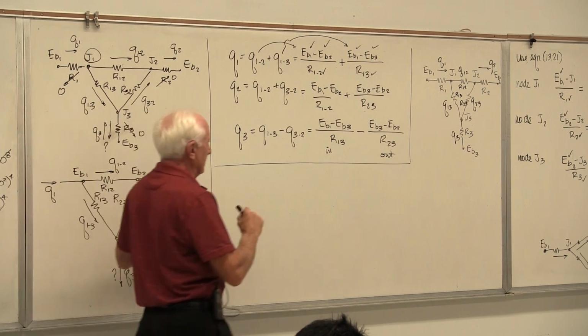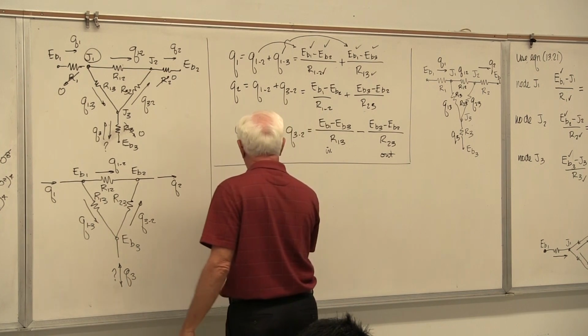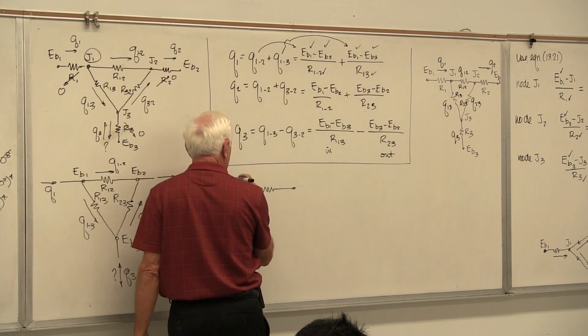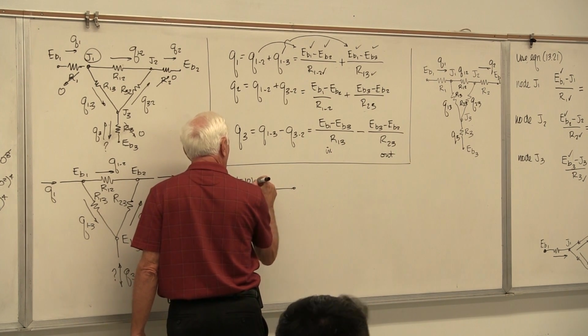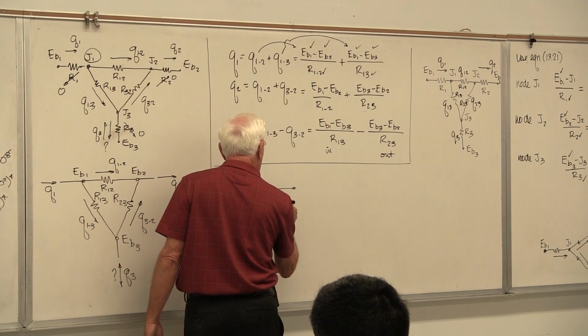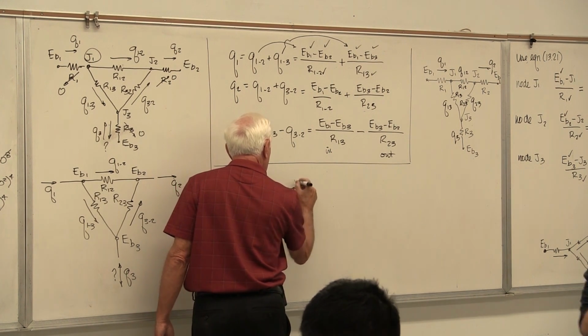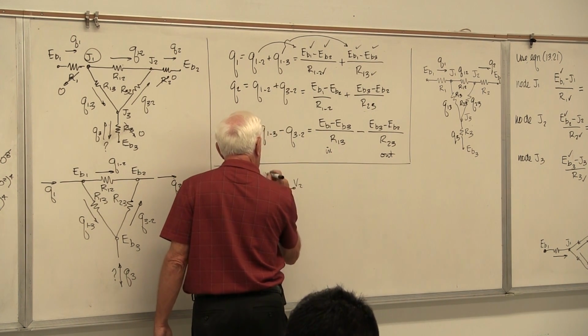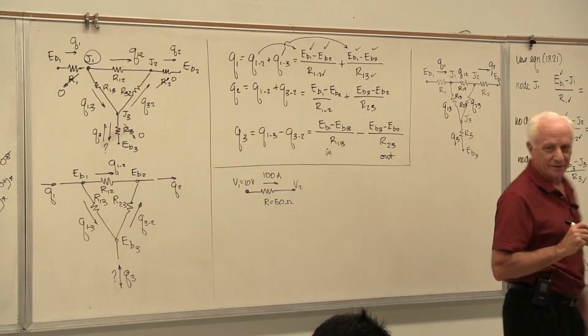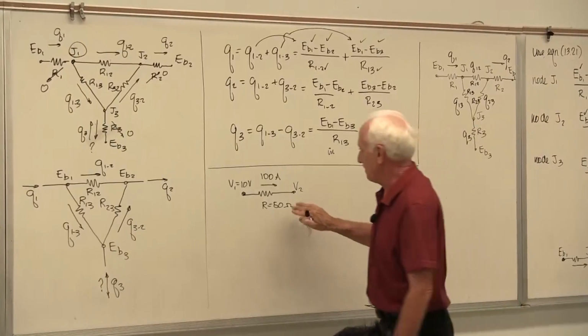Well, let's go back and ask you a trick question from simple circuit theory. V1 equal 10 volts. The resistance here equal 50 ohms. This is V2. This is 100 amps. And somebody tries to trick you, and they say, oops, pardon me here.